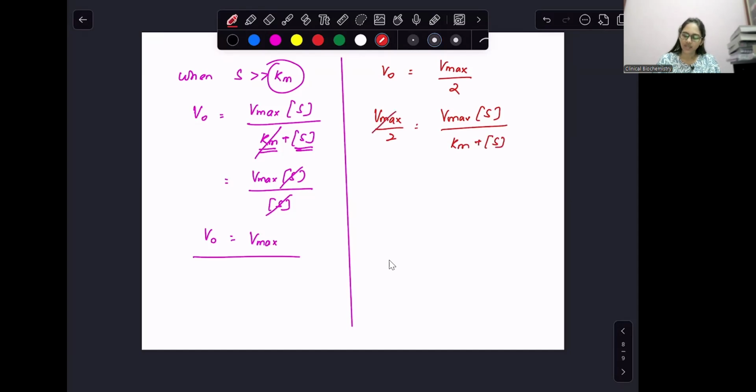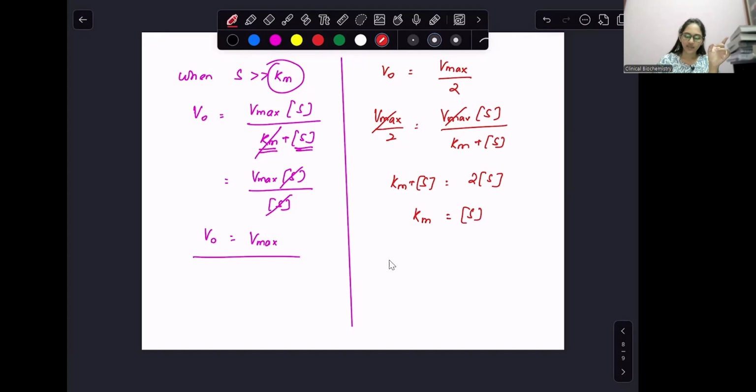Okay, now I can cancel these two. So what do we get again? Km plus S is equal to 2 into substrate concentration. So Km is equal to 2 into substrate minus substrate, which is the substrate concentration.